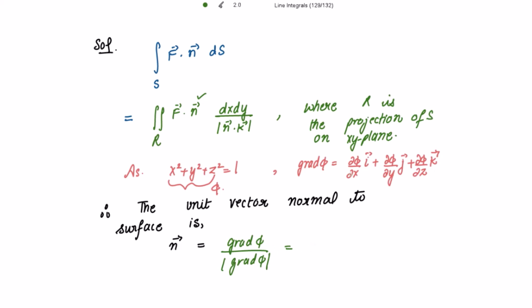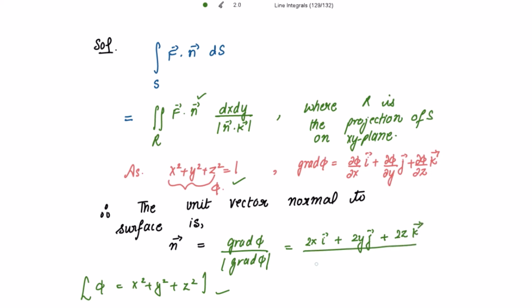So writing here, what is curly phi over curly x from here? It is 2x i vector plus curly phi over curly y is 2y j vector plus curly phi over curly z is 2z k vector, divided by its mod, that is 4x square plus 4y square plus 4z square under the root. Let's take 2 common from the numerator and the square root of 4 common from the denominator.